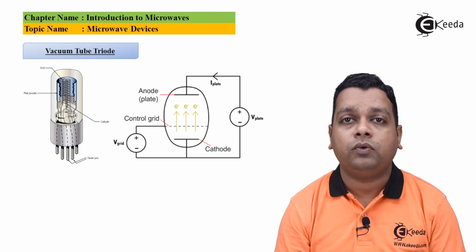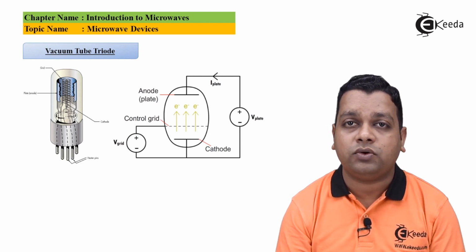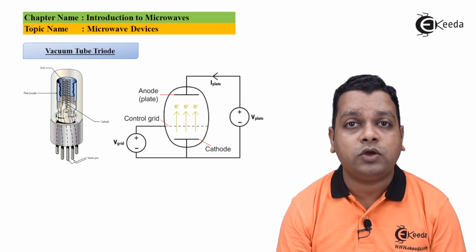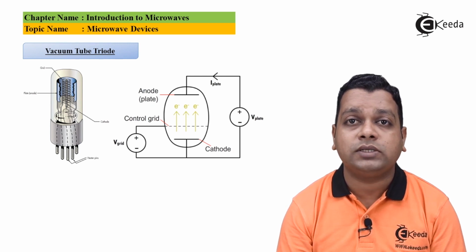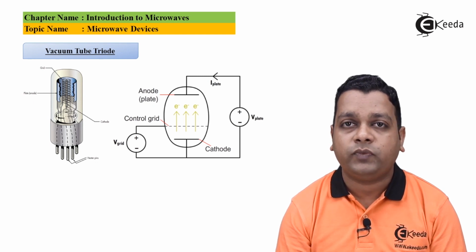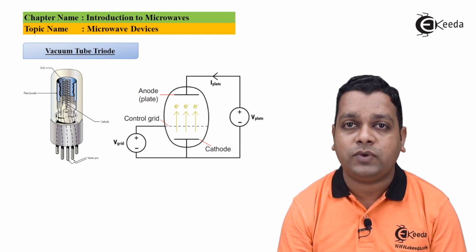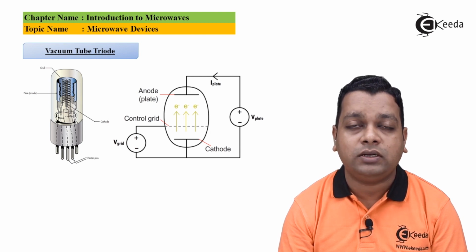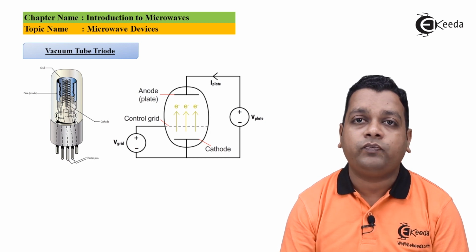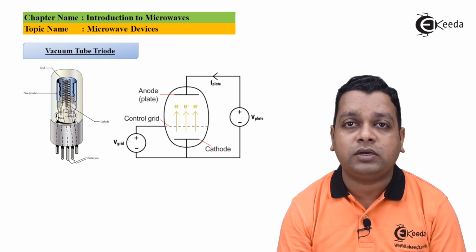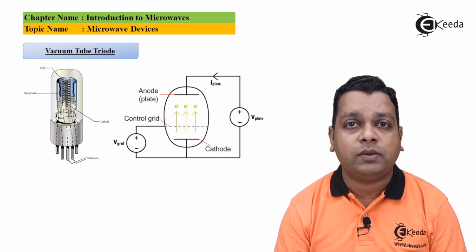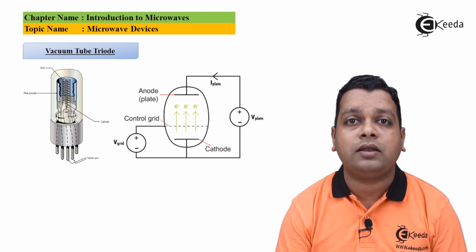Now if we add one more terminal to the diode, it is referred to as a vacuum tube triode. Triode refers to three electrodes, the three terminals of the device: the anode, which is also known as the plate, the cathode, which is the heating element, and along with that, one grid. Again we have the vacuum tube triode in the circuit, where the cathode is negatively terminated, the anode is provided with positive charge, and some alternating supply is given between the grid and the cathode.